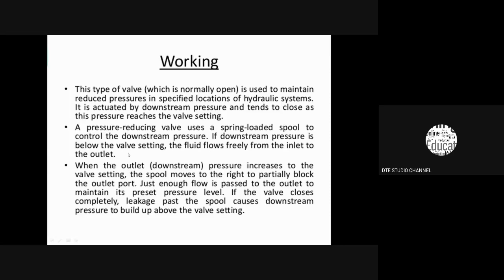Whenever the downstream pressure is low, less than the maximum limit, there is a free flow of fluid from inlet to outlet, because pressure is less than the maximum value. When the downstream or outlet pressure increases to the valve setting, the spool moves to the right.